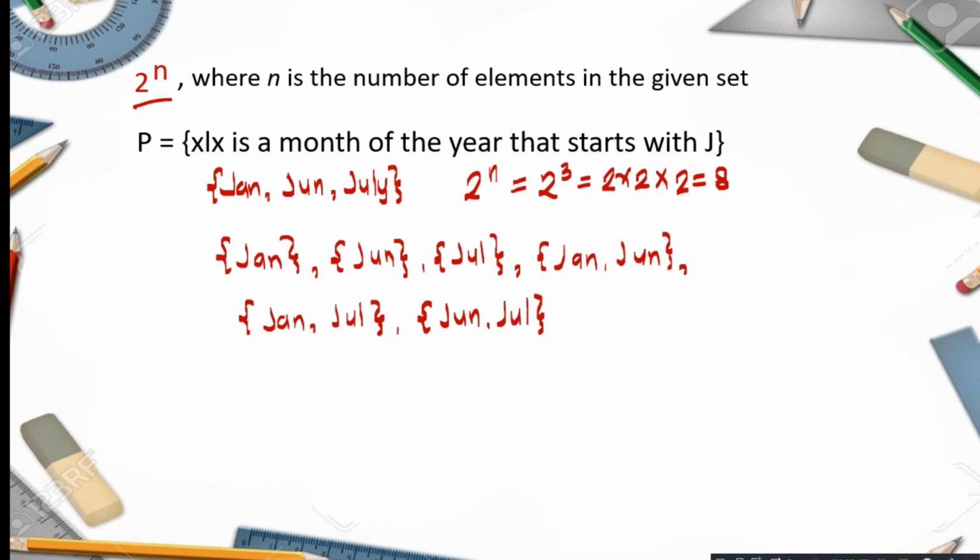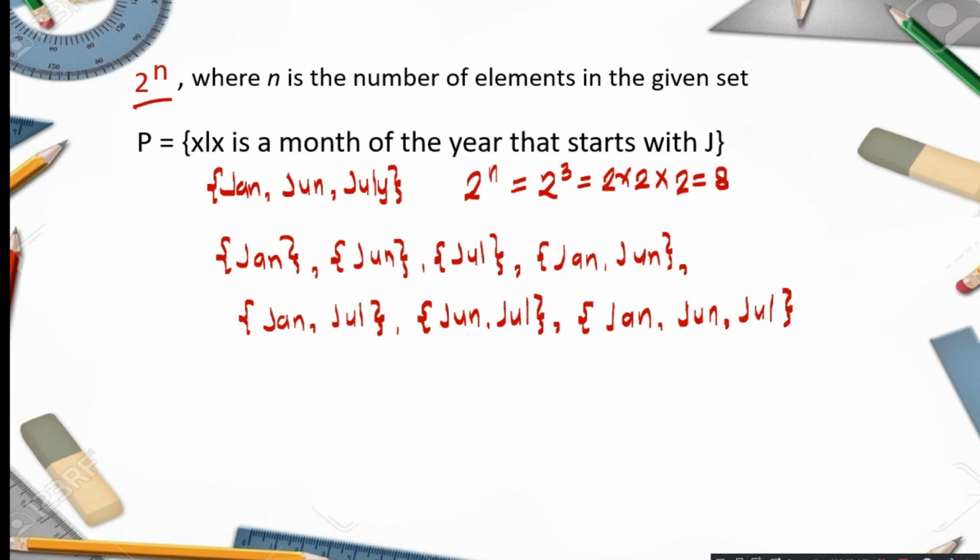So we're done with the combination of two elements. Let's proceed with three elements. So we have January, June, and of course, July. You can notice that this subset is the same as the original set.